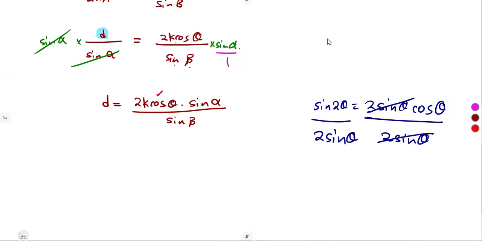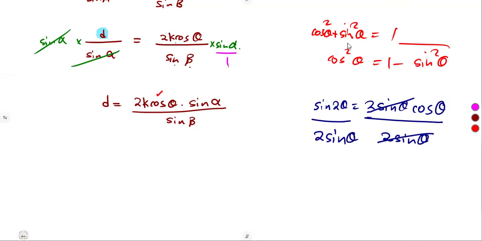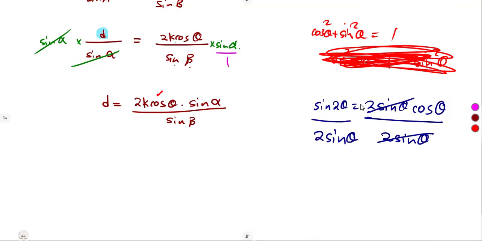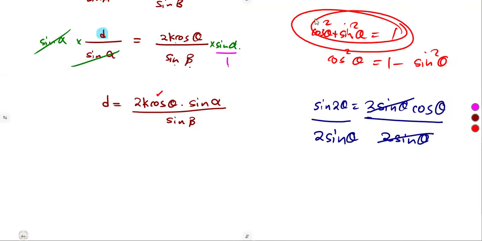From the same idea, cos squared theta plus sine squared theta is equal to 1. Were you not writing cos squared theta is equal to 1 minus sine squared theta? It is not an identity that was created separately. It's from here.